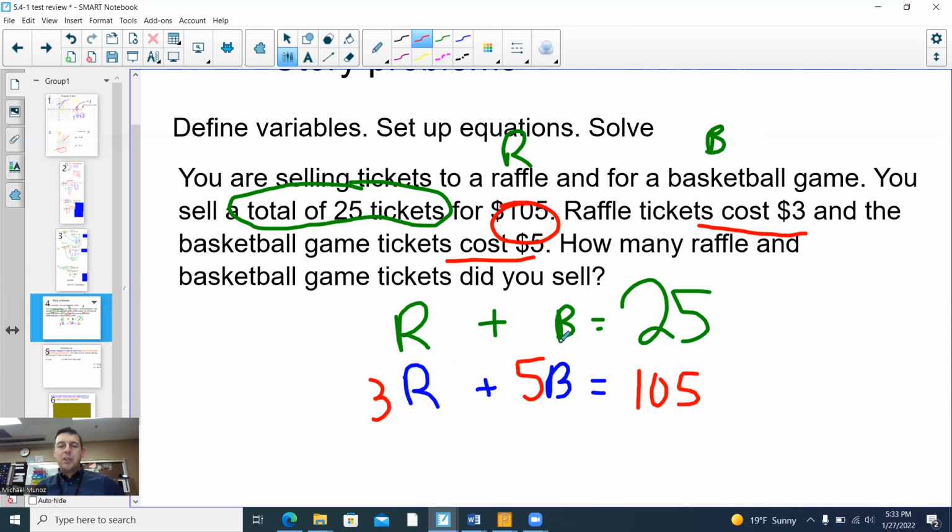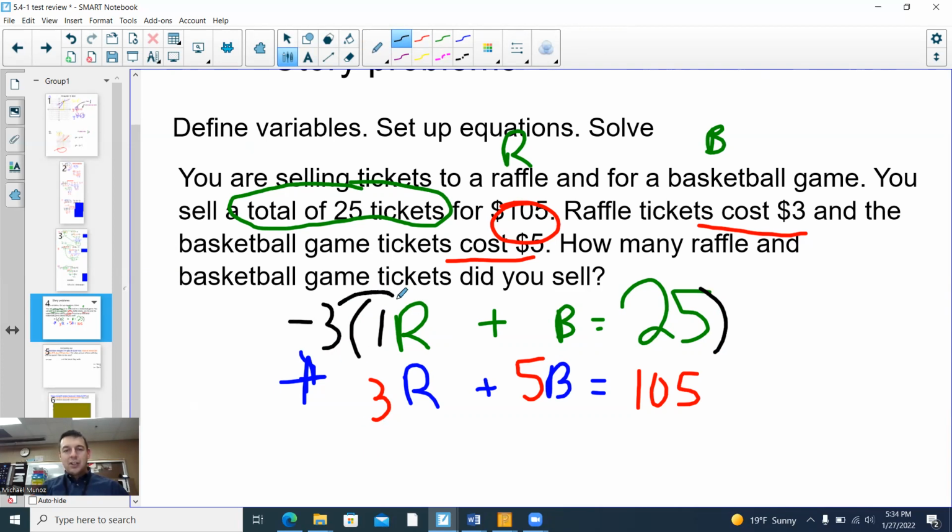So now that you got this part, the next step is, before we can add them, remember, oops, that's supposed to be a plus sign. I have to make my opposites. So my opposite of, it doesn't matter which letter I choose. I like to go for the smaller one if I can. The opposite of a positive 3 would be a negative 3. So if I multiply this and think of this as a 1R, if I took that 1 and I multiplied it by a -3, I would have a -3R.